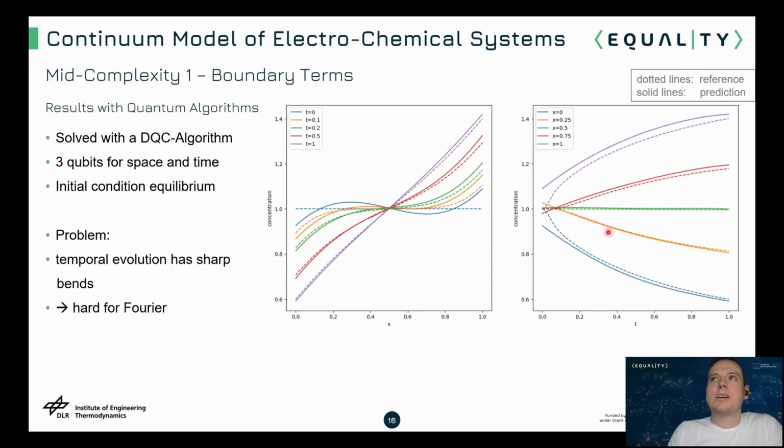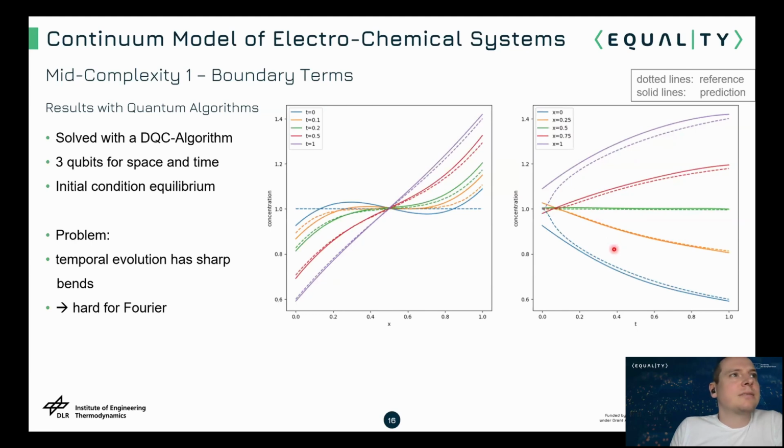Now, when we apply a flux at the boundary of an equilibrium cell, it takes some time for the flux to reach the center of the battery. So we see that in the beginning, the red and yellow curves stay constant until this motion has evolved throughout the cell. And the algorithm modeled this homogeneous movement in the later time steps quite well, but was not able to catch the beginning.